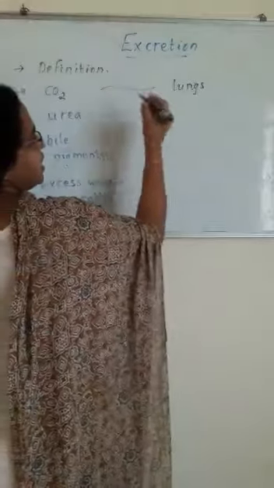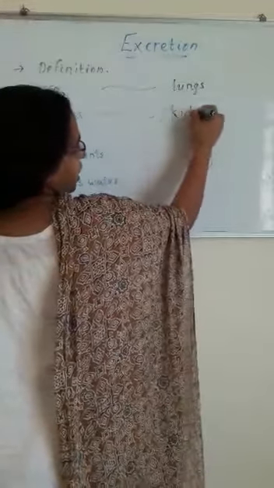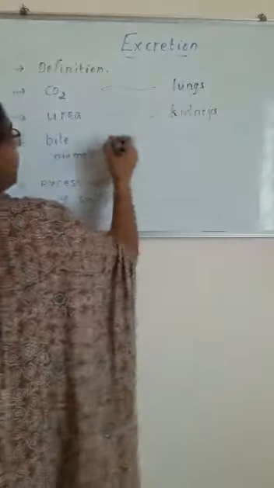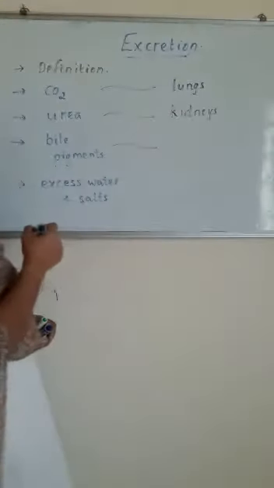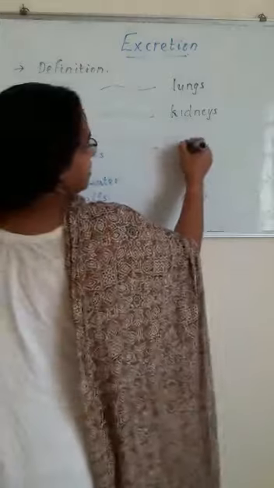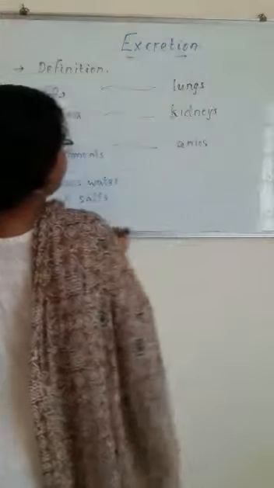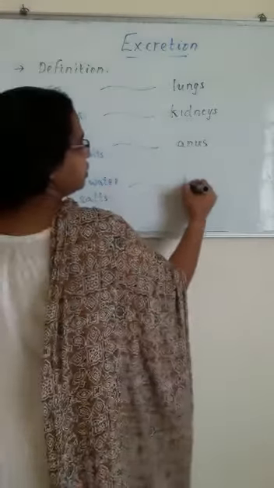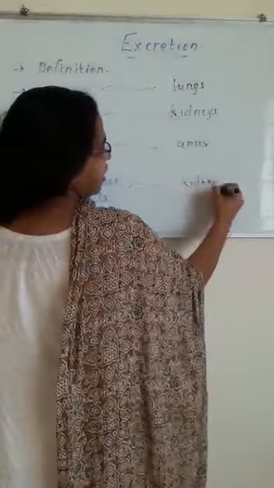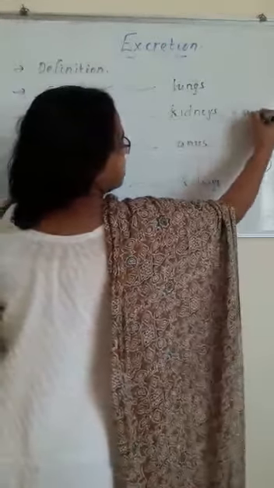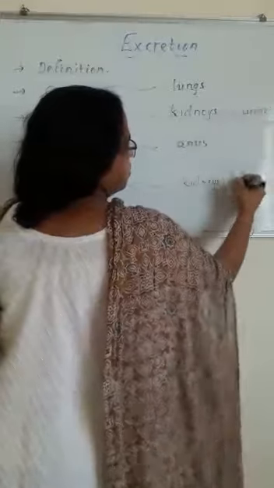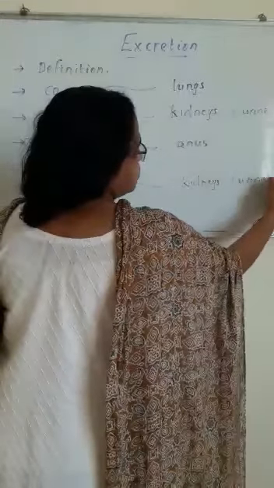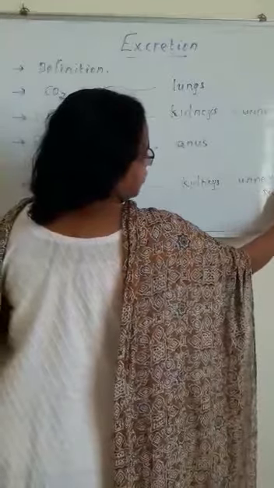And urea is excreted through kidneys. Bile pigment is excreted through the anus, through the feces, and excess water is also excreted through the kidneys by urine. This also through urine and also plus sweat.